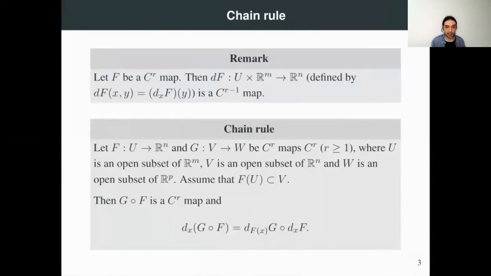A very fundamental result is that the chain rule holds.